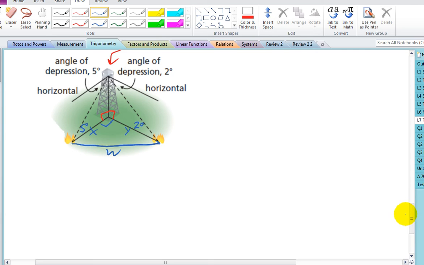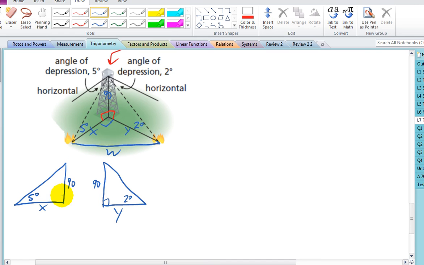So, what we're going to do is find x and y. Let me just draw their triangles out here. So this is 5 degrees and x, and 90 is the height of the tower. For the other triangle, 90 is the height of the tower. They share that. This is y, and this is 2 degrees.